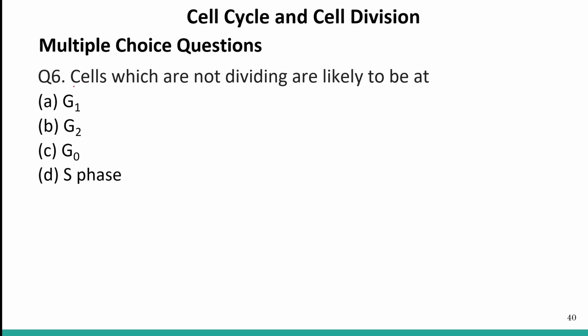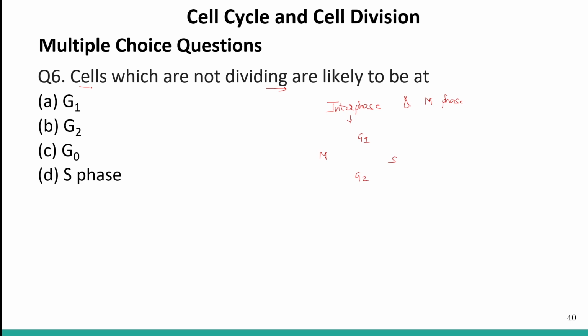Now, next question is cells which are not dividing are likely to be at which stage? Okay, so here they are talking about the interphase. Okay, we know cell cycle is divided into interphase and then we have the M phase. Interphase is further divided into G1 phase, we have the S phase and then we have the G2 phase. And then starts the M phase.